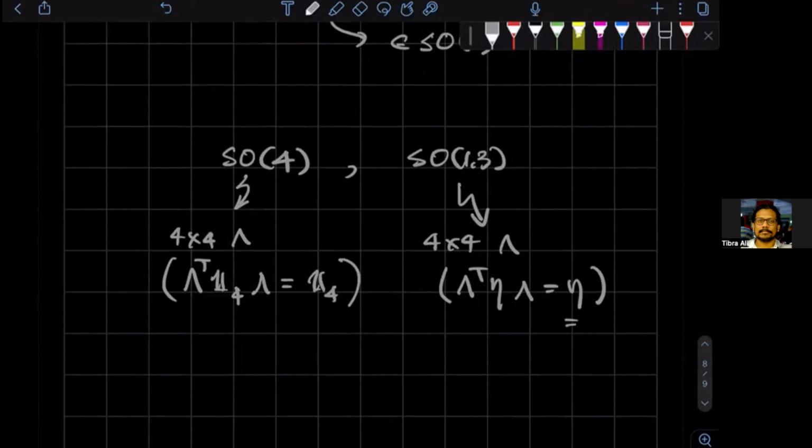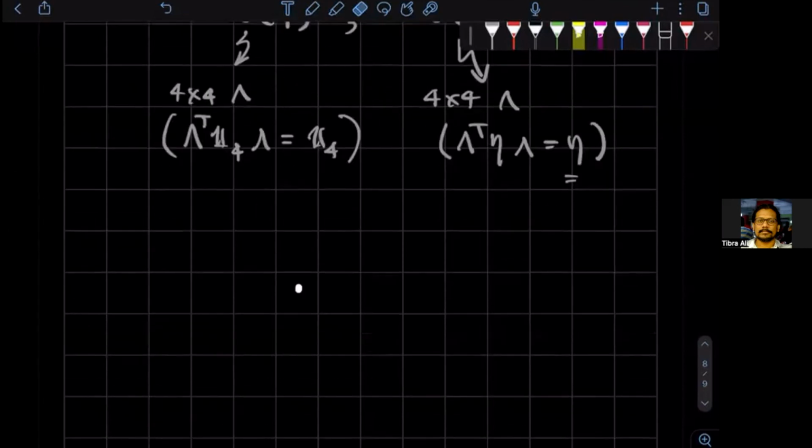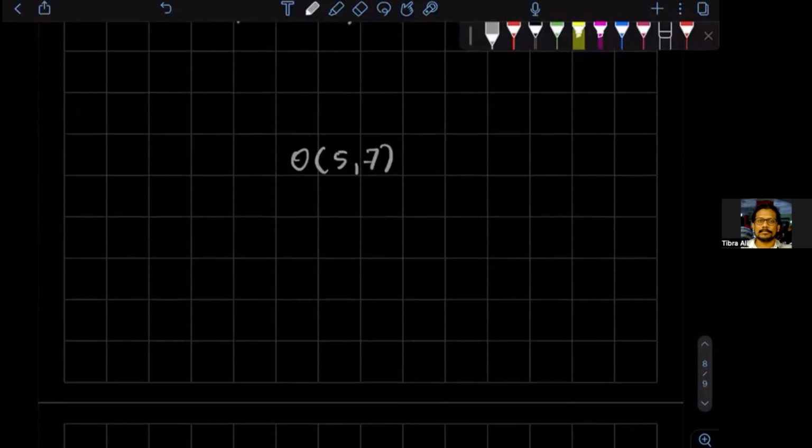Okay, I should really be more technically correct and call them O(4) and O(1,3). Okay, Farhan, is that correct? Are these numbers like name conventions, or they could be anything like O(5,7) or something like that? Yeah, mathematically, there's nothing stopping you from defining O(5,7).